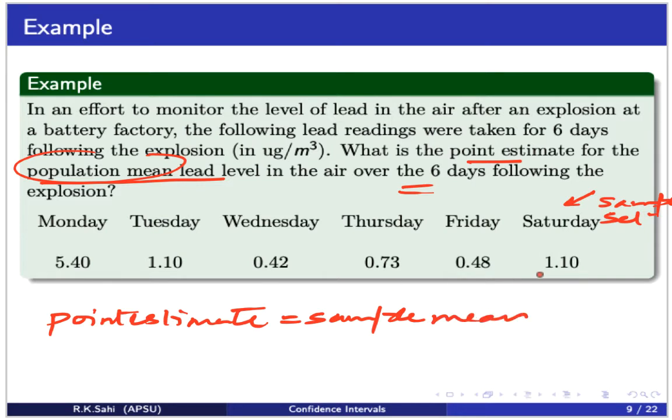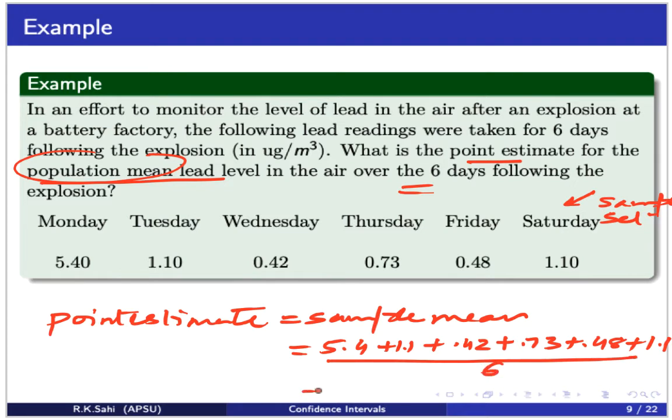As we are just given 6 values, sample mean basically here is adding all the numbers of these air levels of lead, 5.4 plus 1.1 plus 0.42 plus 0.73, 0.48 plus 1.1, now divided by 6. That's how you find an average. And you get the answer to be 1.54. So this sample mean will estimate the whole population mean of lead in the air over the 6 days.